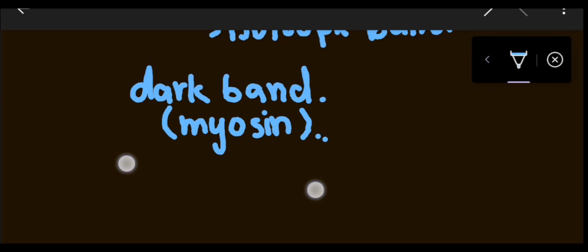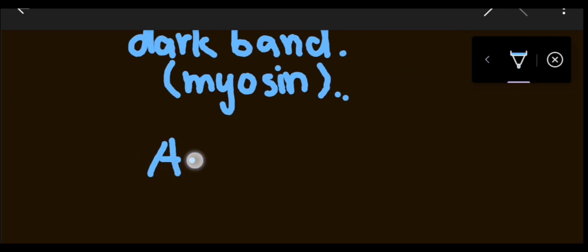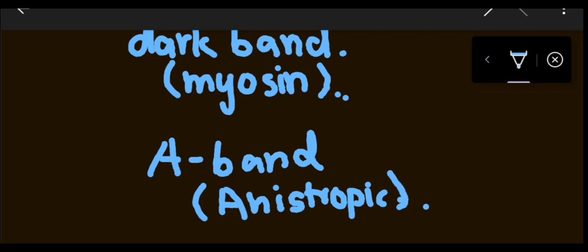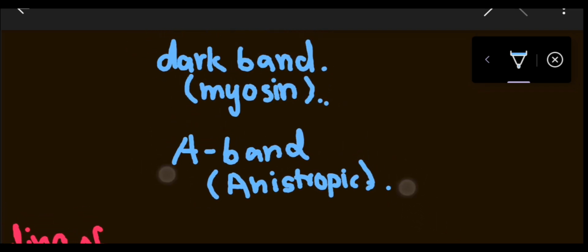Now here the concept is the A band. The A band is known as anisotropic. This anisotropic band contains myosin plus actin.